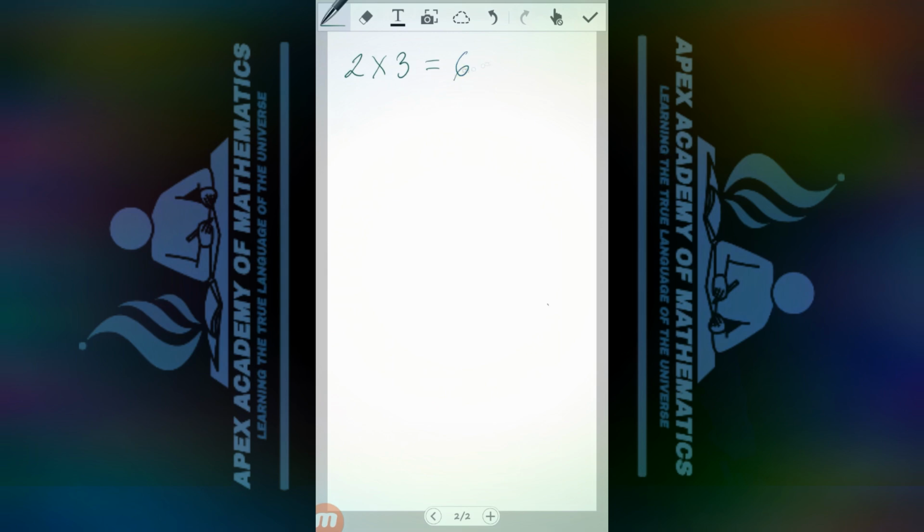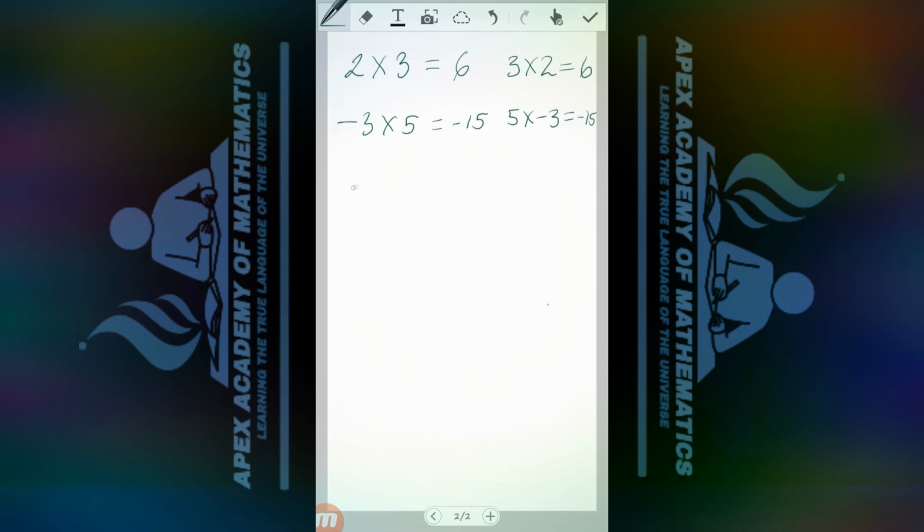But if I multiply 3 times 2, my end product will still be 6. And if I have negative 3 multiplied by 5, I get negative 15. And if I say 5 times negative 3, I'm still going to get negative 15. So that explains the multiplication aspect of the commutative law.